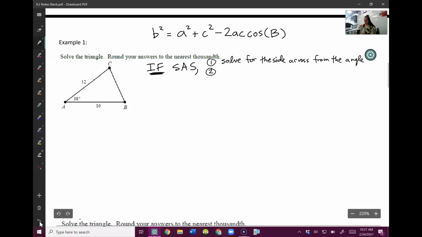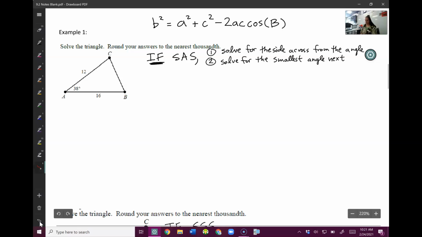So here's my angle. I'm going to solve for this side very first, and that's how you always do it with SAS. After we solve for this side, the second thing is to solve for the smallest angle next.